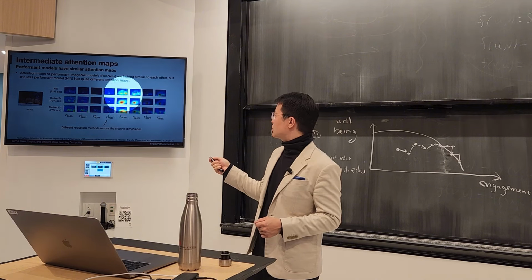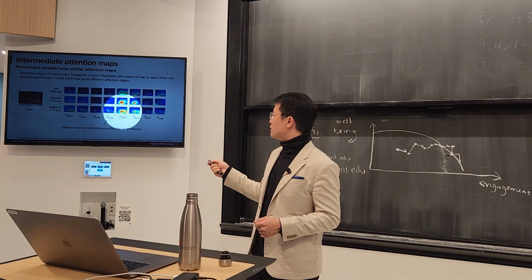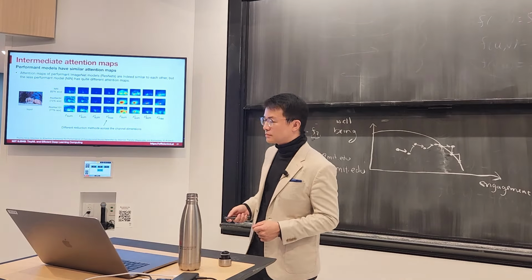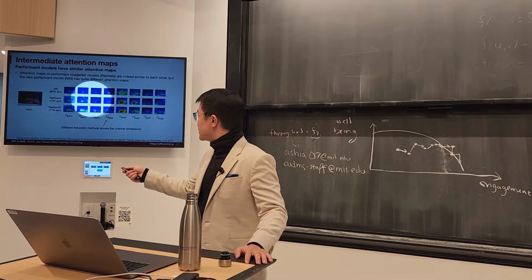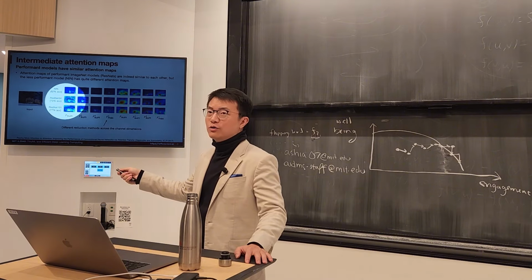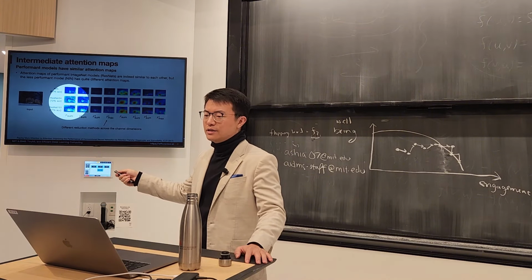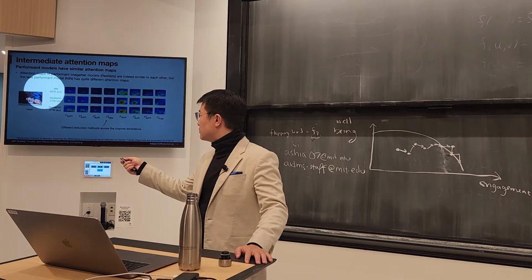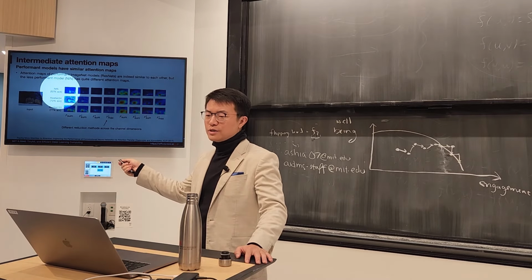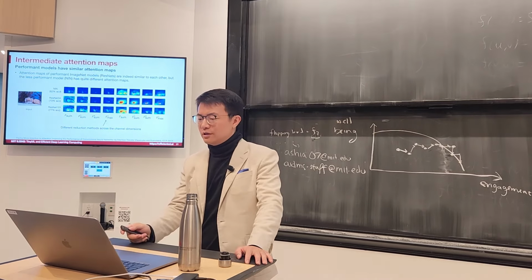So the attention maps of these performant ImageNet models, both above 70%, are indeed similar, but the less performant model, this one is only 62%, has quite a different feature map.